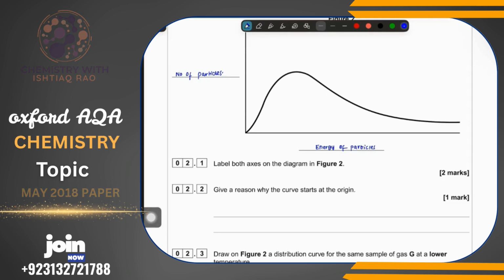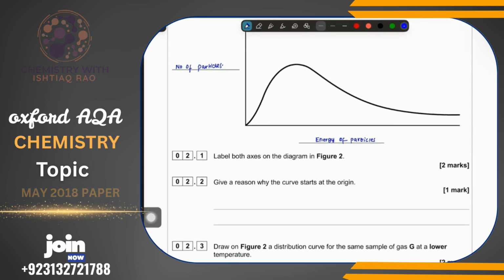So I can say that no particles means no energy.